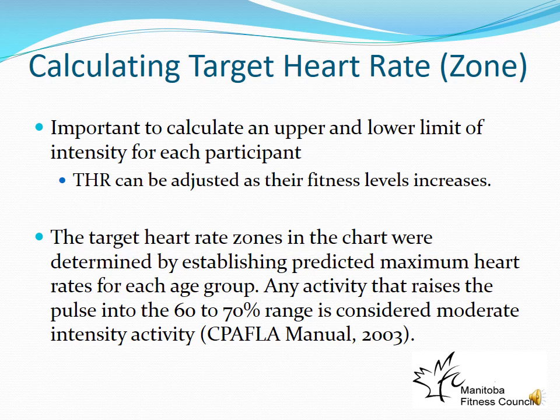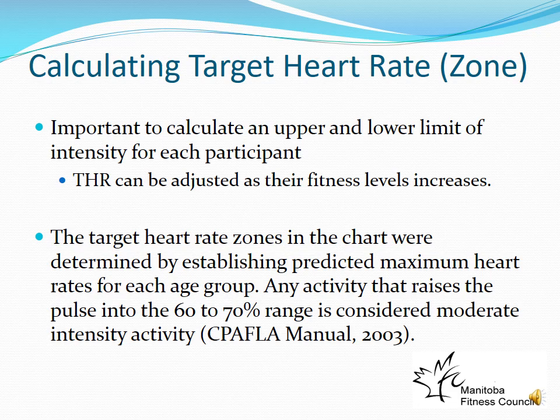So what you would do is take 220 minus your age and multiply it by the percentage at which you want to exercise. Let's take our 20-year-old again. 220 minus their age of 20 gives them a maximal heart rate of 200 beats per minute.